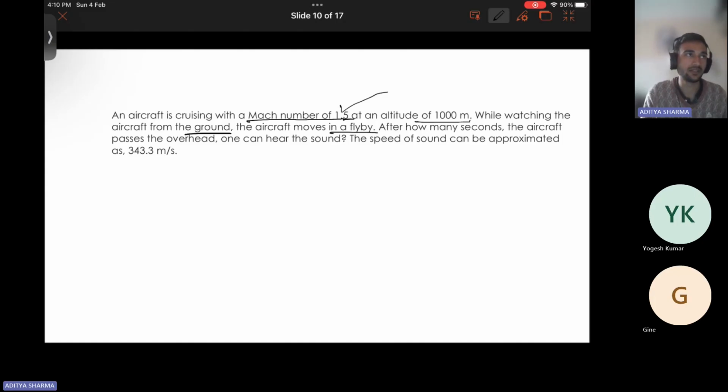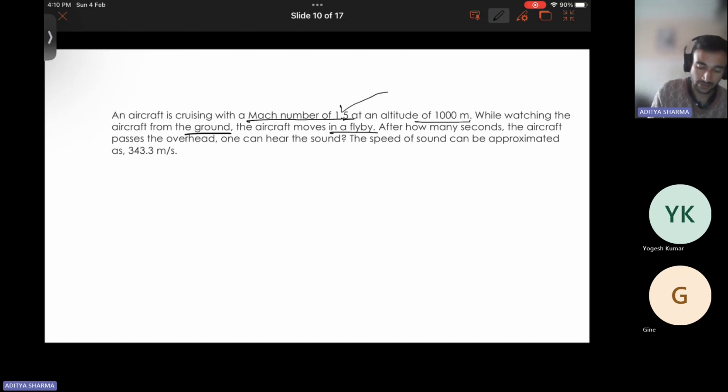Even in blasts, if you visually see a blast from a weapon system, you can see the visuals of the blast, but the sound has not yet reached you. That is also related to this question, all right.